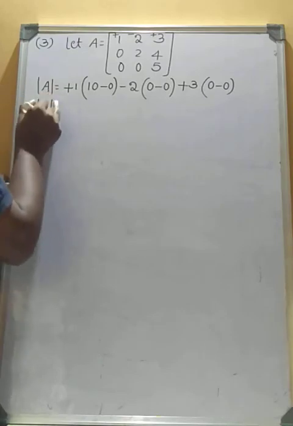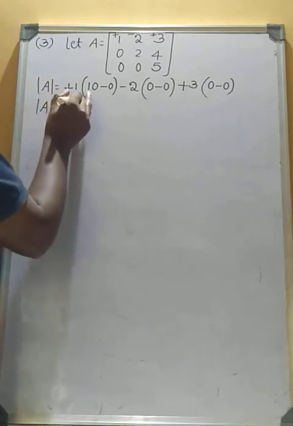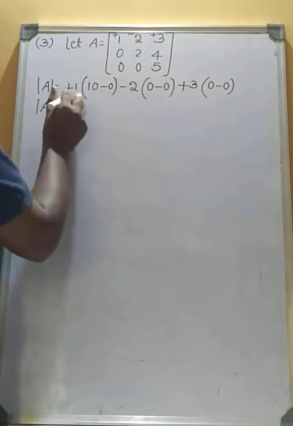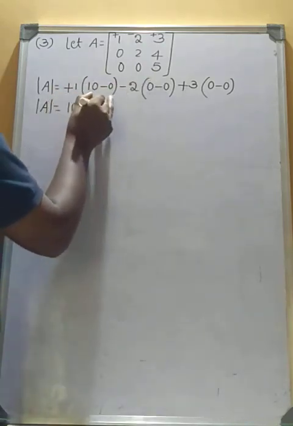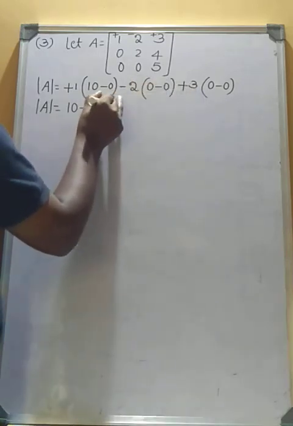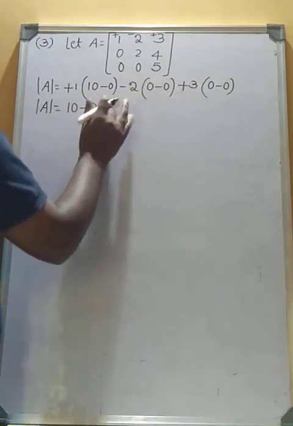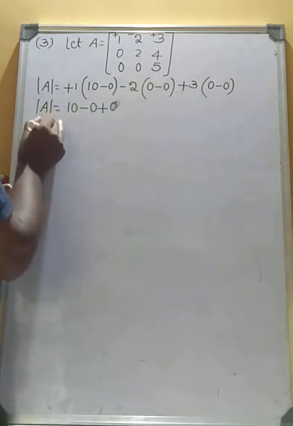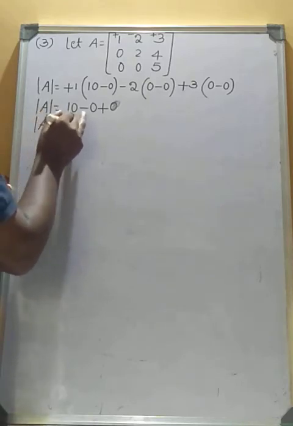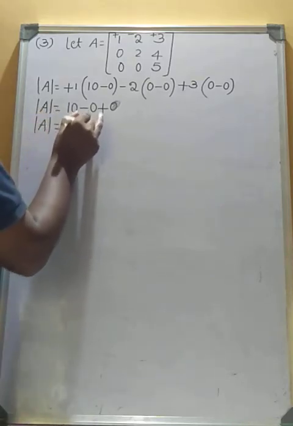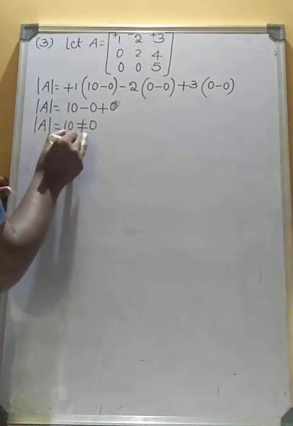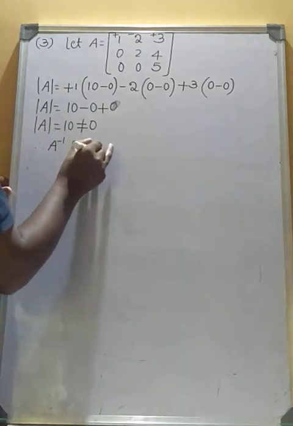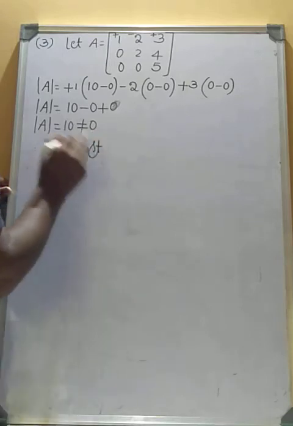Therefore determinant of A equals 10 into 1, 10, minus 2 into 0, 0, plus 3 into 0, 0. Therefore determinant of A equals 10. It's not equal to 0. Therefore A inverse exists.